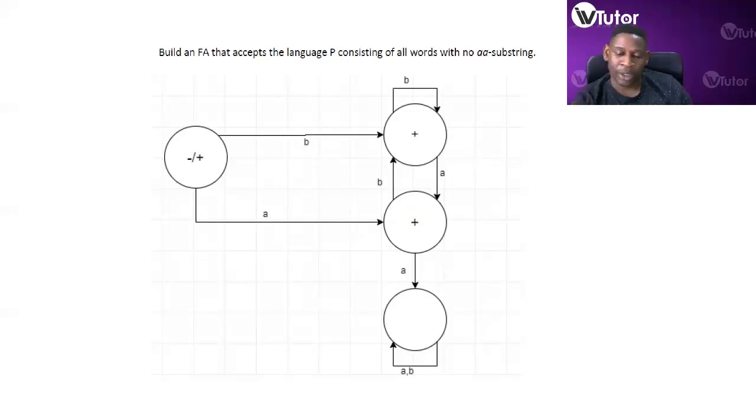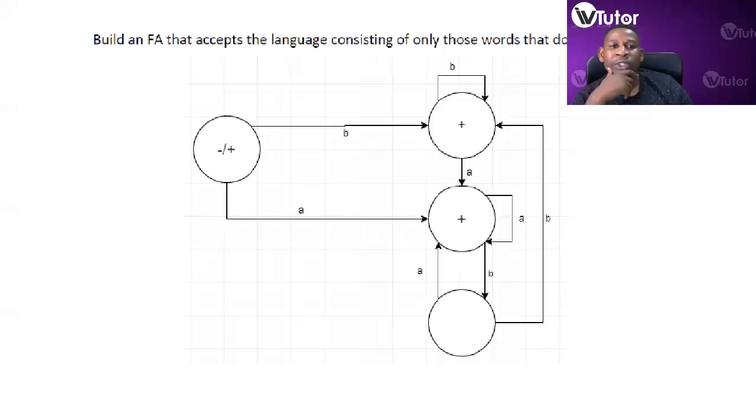Right, let us look now at the last question. Build a finite automata that accepts the language consisting only of those words that do not end in AB. Words that do not end in AB. So the moment we have AB, after an A, if you have got a B, go to a non-final state.